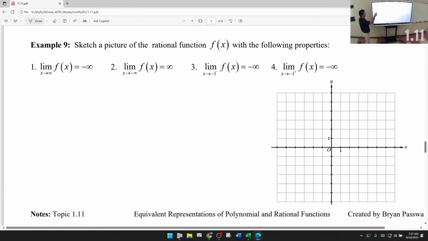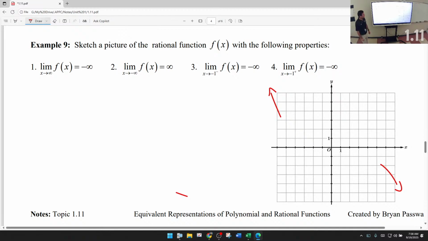Okay. So limit as x is going to infinity is negative infinity. So I can almost draw that. Limit as x is going to negative infinity, I'm going to positive infinity. Good? Hopefully I got enough room in there.